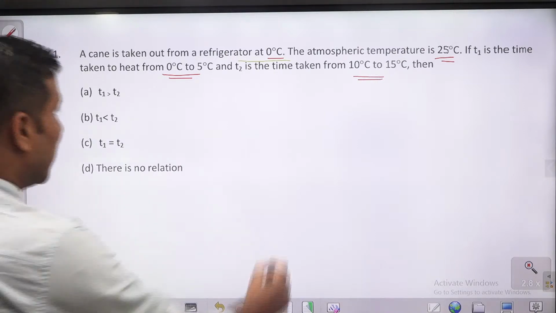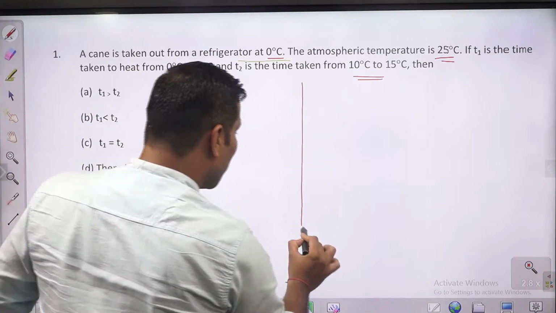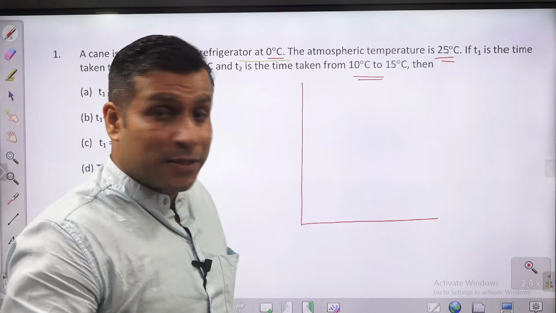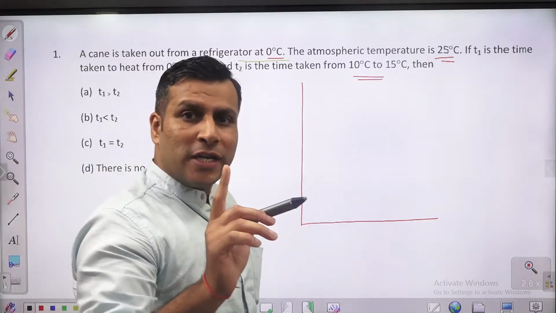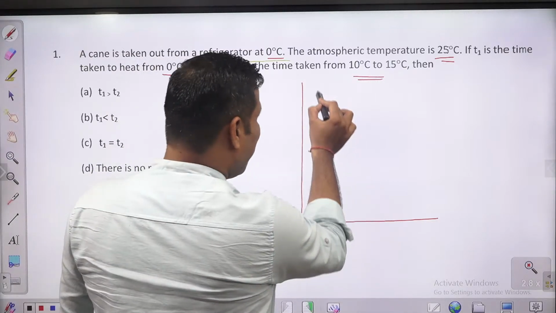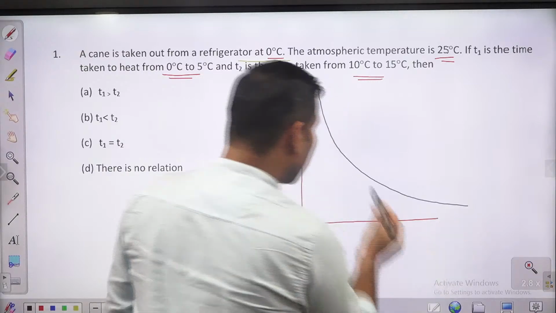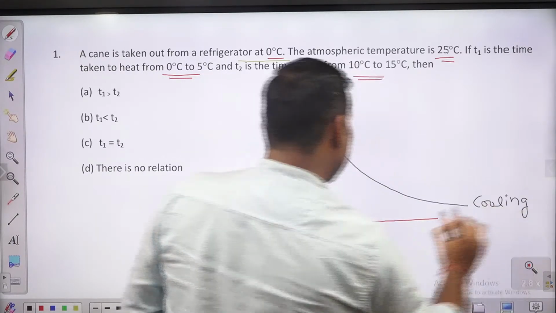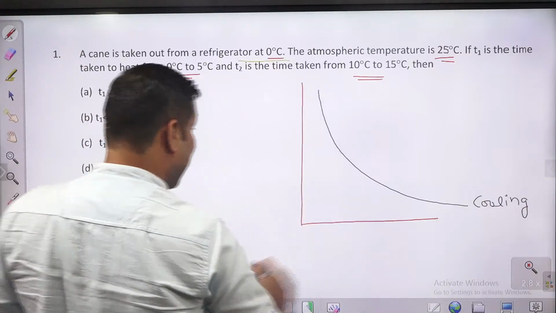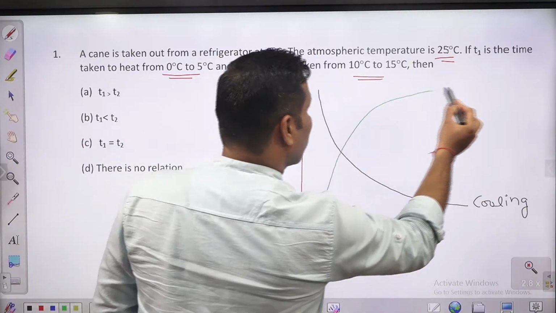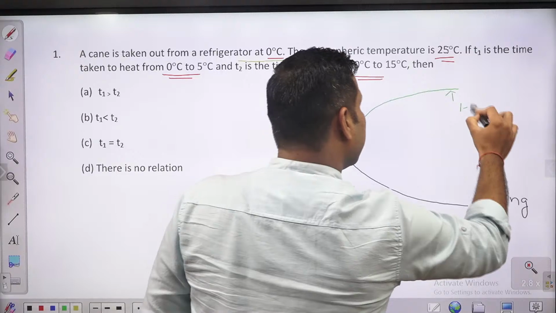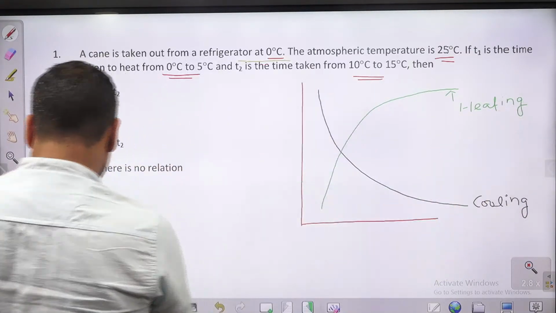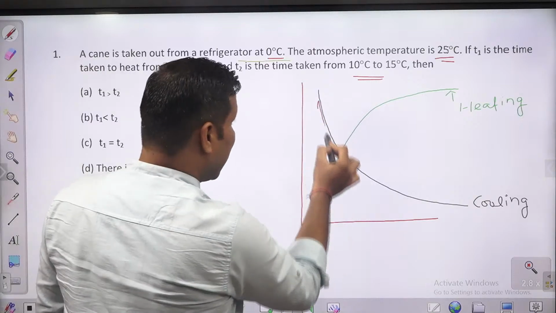So guys, whenever Newtonian heating or cooling takes place, the rate of cooling or rate of heating decreases. In case of Newtonian cooling, the temperature decreases like this. This is the cooling curve. And in heating you get this kind of curve. So whether you are carrying out heating or cooling, the rate, what is rate?